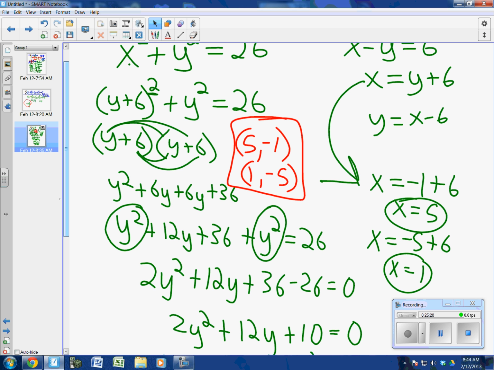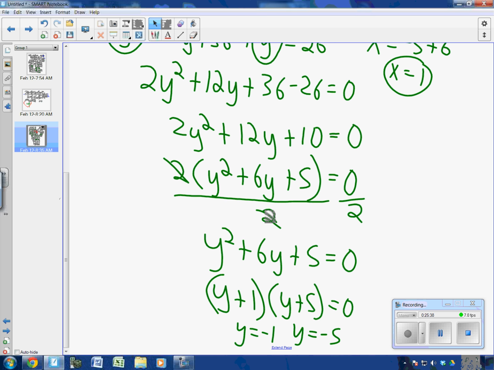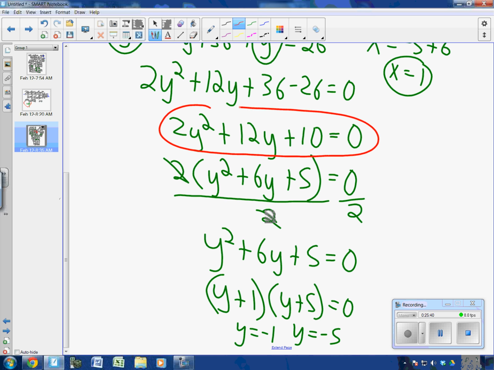Why didn't I use the quadratic? Hey, you can use the quadratic. I will show you. You'll get the same answer. Let's go back down here. Okay, -b. What would that be? -12. Plus or minus the square root of b squared minus 4ac. 12 squared is 144.